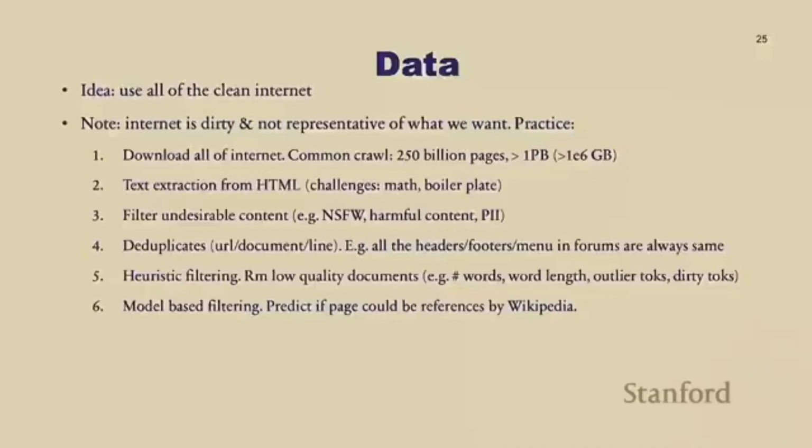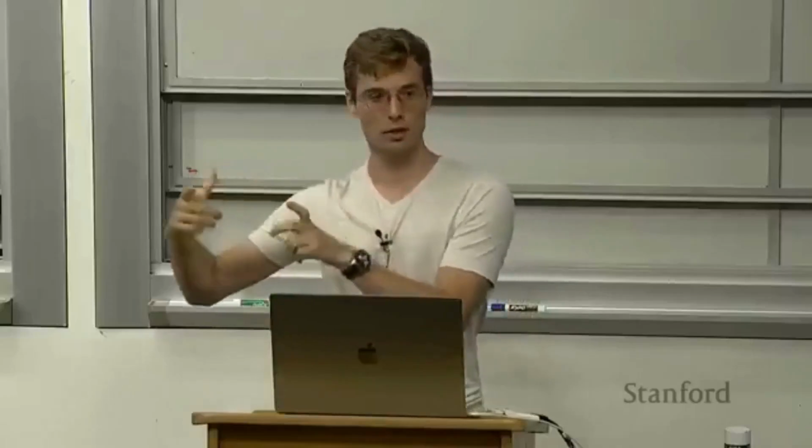Next step, model-based filtering. Once you've filtered a lot of data, what you will do is a very cute trick. You will take all of Wikipedia and look at all the links that are linked through Wikipedia pages. Because if something is referenced by Wikipedia, it's probably some high quality website. And you will train a classifier to predict whether a document comes from one of these references from Wikipedia or whether it's from the random web.